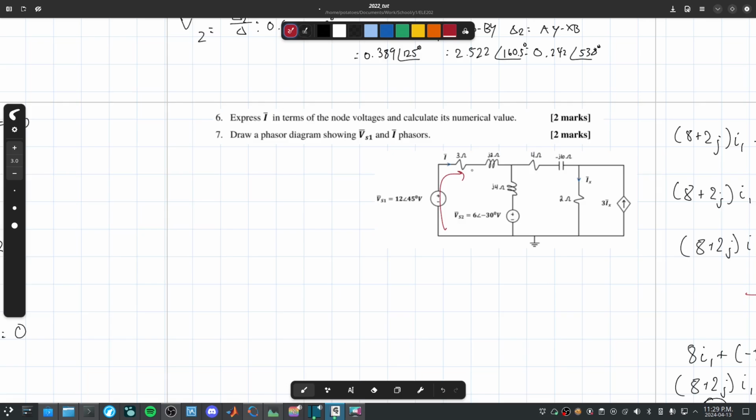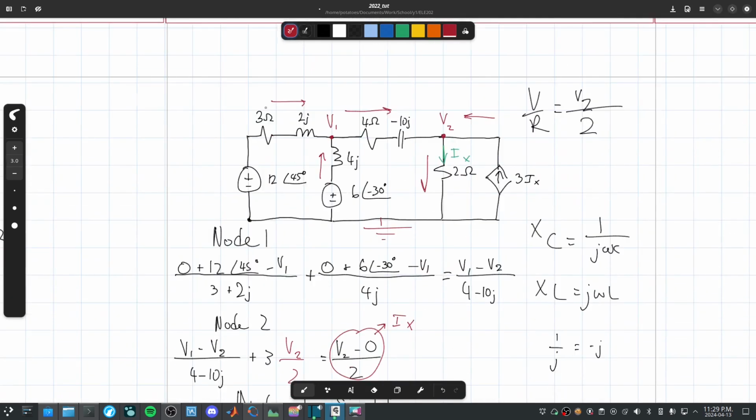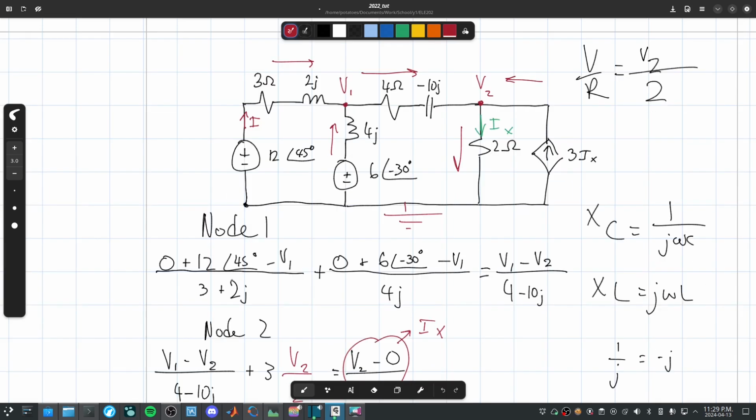Now recall that the current running through a wire is voltage divided by resistance. That's the exact same thing that we did in the nodal analysis. If you remember up here, we said that the current running here, from ground up to V1, this is I, is 0, our ground, goes through the voltage source to gain 12 with a phasor of 45 volts, minus its destination, V1, and then divided by its resistance, 3 plus 2J.